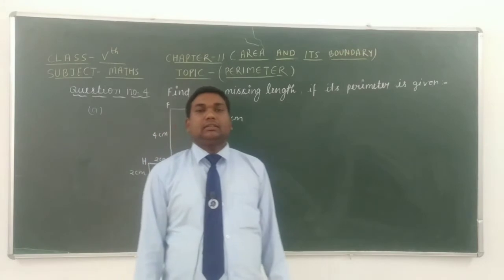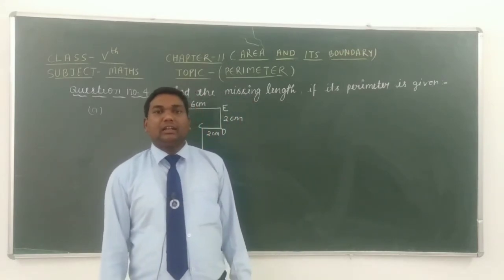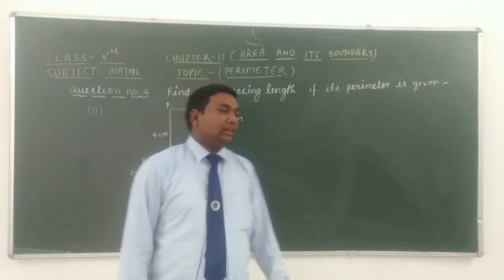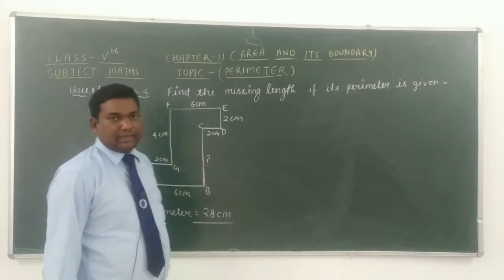We know that the perimeter is the sum of the lengths of the line segments of a given simple closed figure.